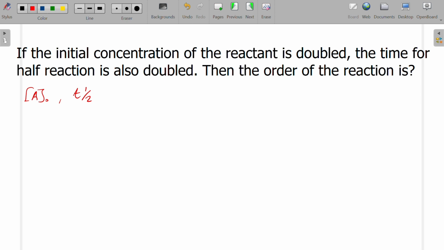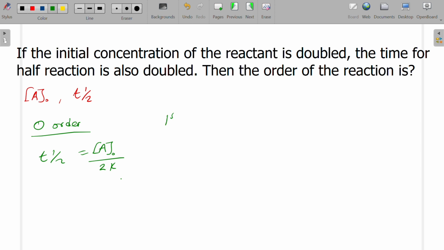So we need to list the half-lives for all the three orders of reaction. We'll start with zero order. For zero order, our half-life is given as T half is equal to the initial concentration divided by 2K. That's for zero order.